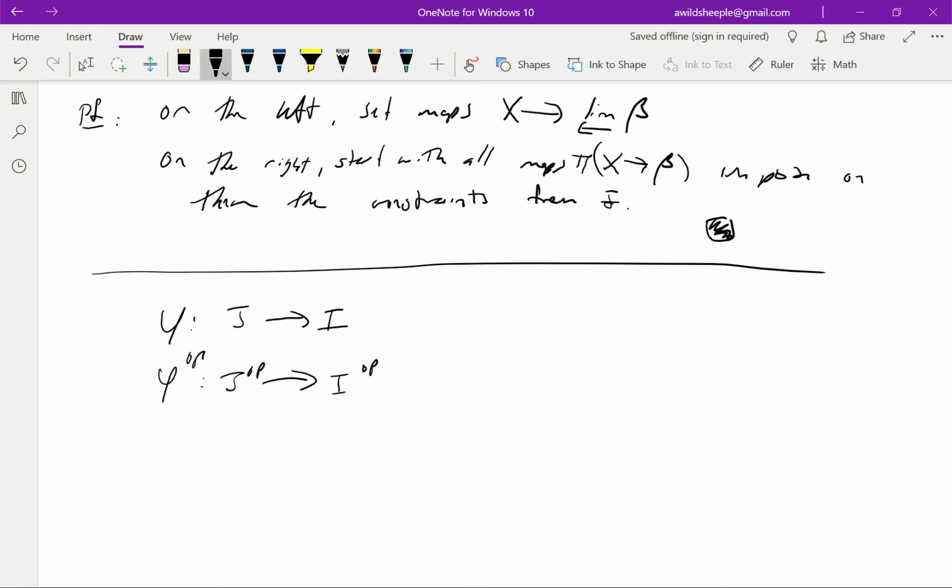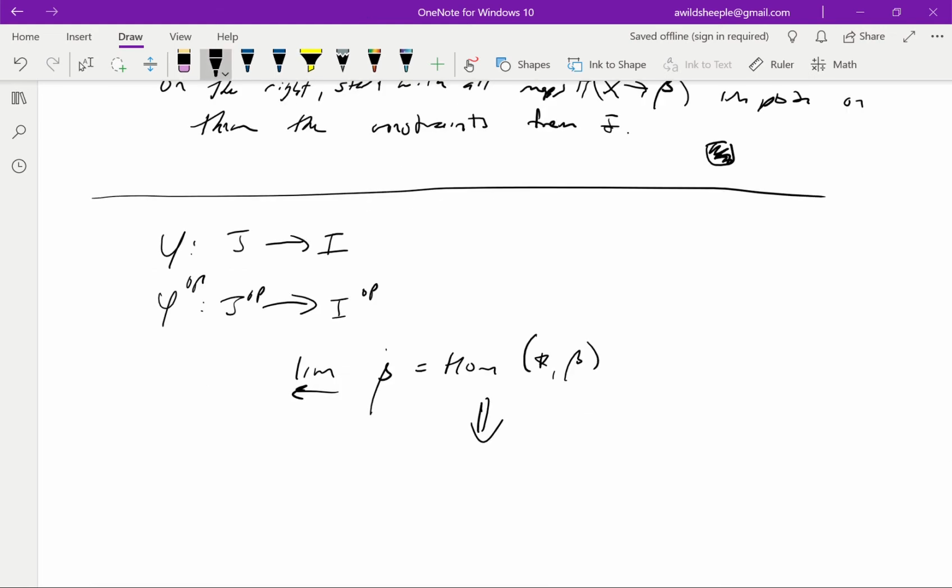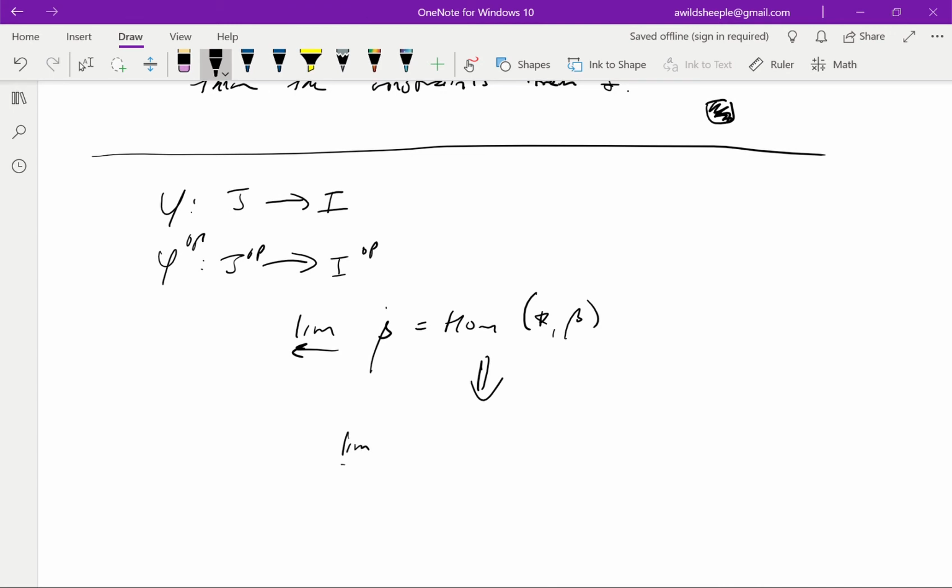And then since I know that this limit here, the projective limit of the betas, is just, of course, Hom(*, β), I can precompose with φ op, and this gives me a morphism, β composed with φ op.